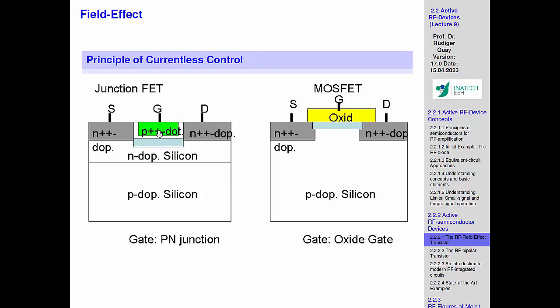It's important because this helps to sort these ideas. The MOSFET is very nice because we are driving this only dynamically. So we are not sending any current into this oxide. It's just a dynamic change.